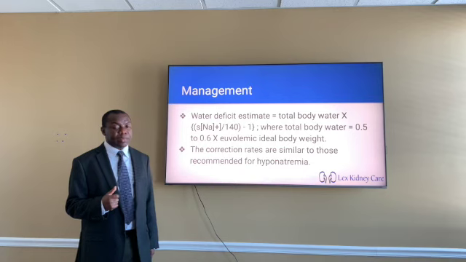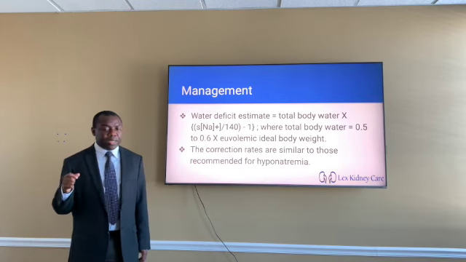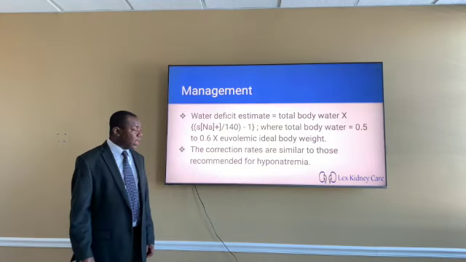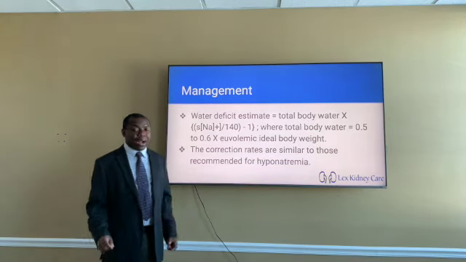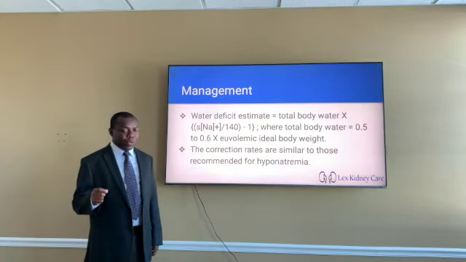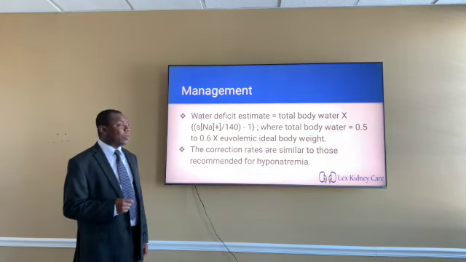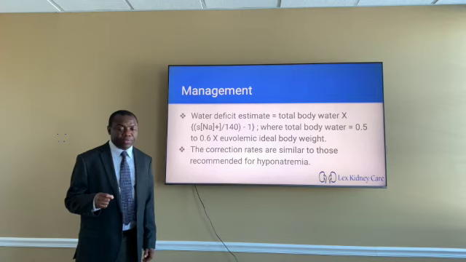water deficit estimation. You first get your total body water, and for your total body water, you want to make sure that you have your ideal body weight. And your total body water factor can range between 0.5 and 0.6.